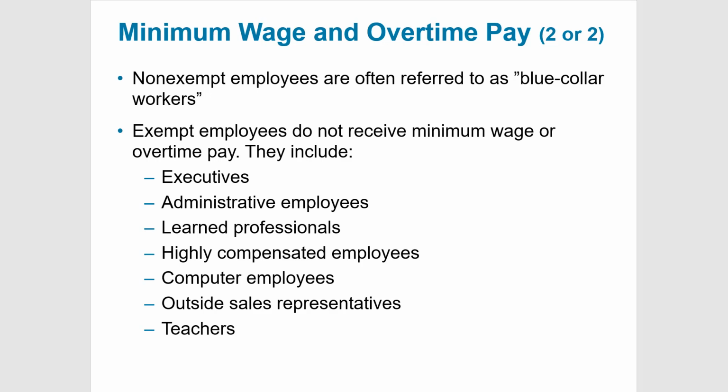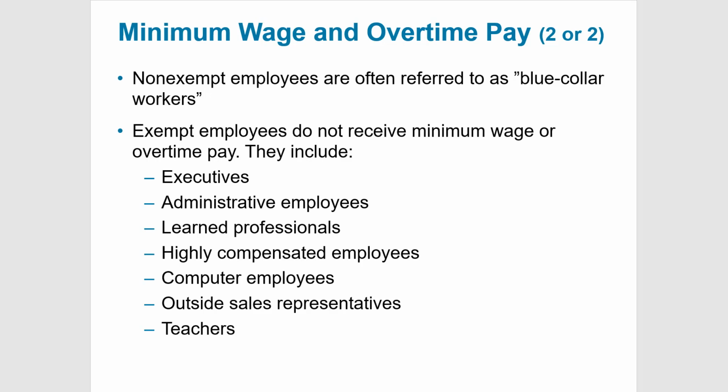So this lists a few types of exempt employees. Again, if you read the legislation, it gets very detailed, but we're talking about executives, administrative employees, learned professionals, highly compensated employees, computer employees, outside sales representatives, and then teachers.